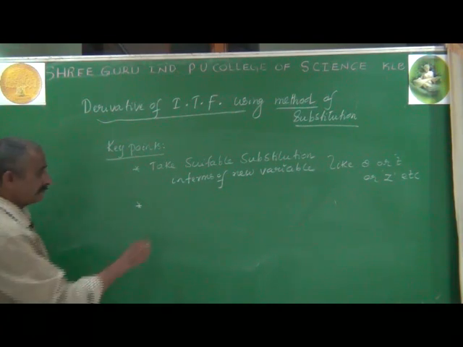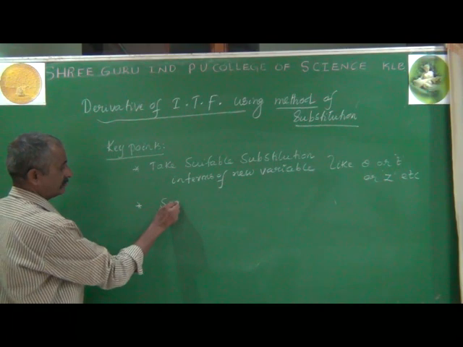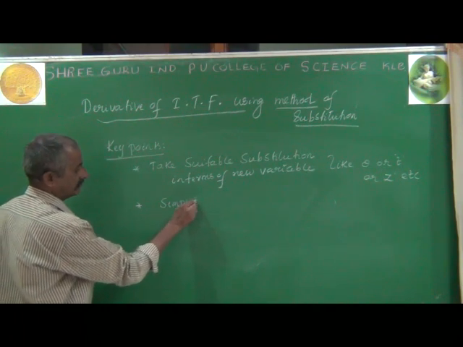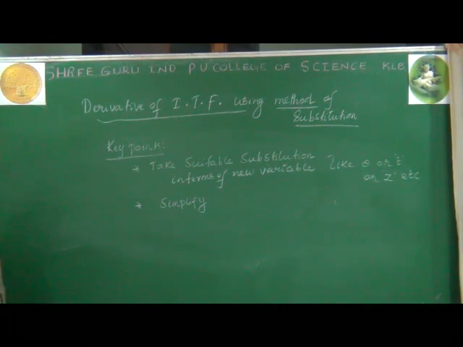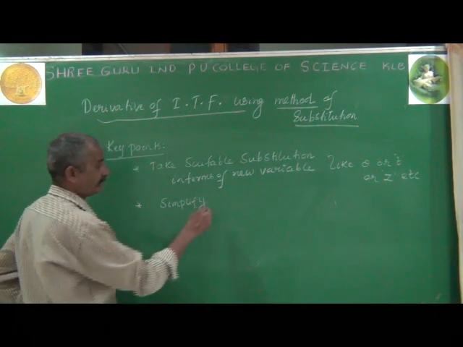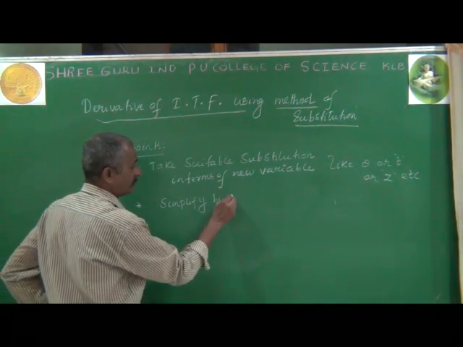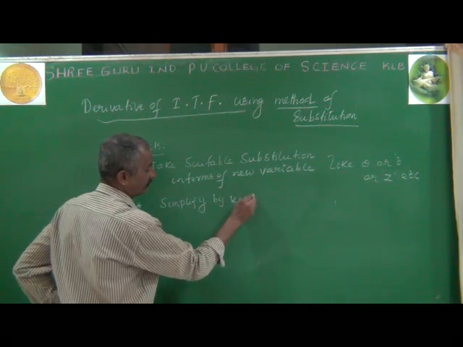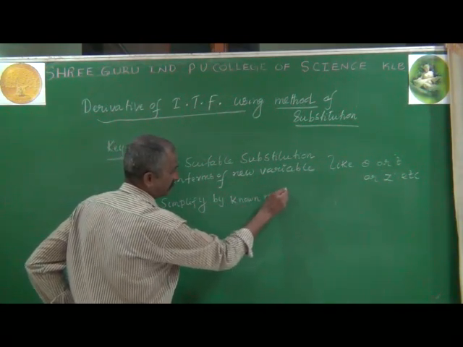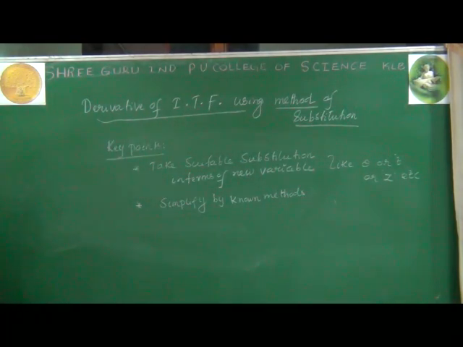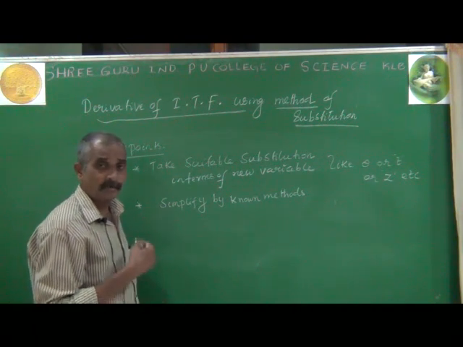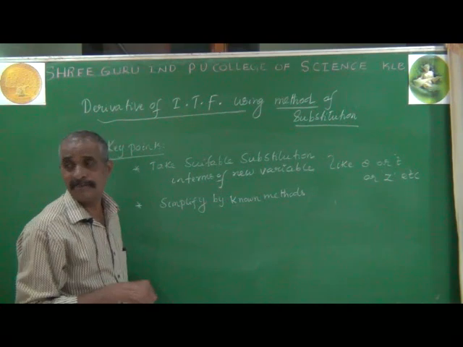And after that, simplify. So what I'm telling is simplification after choosing a proper substitution in terms of theta or t or z. Simplify by known methods. Here, simplify by known methods means it may be algebraic methods, trigonometrical formula methods, or any other method.